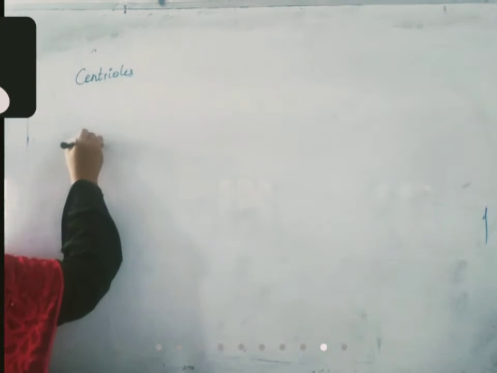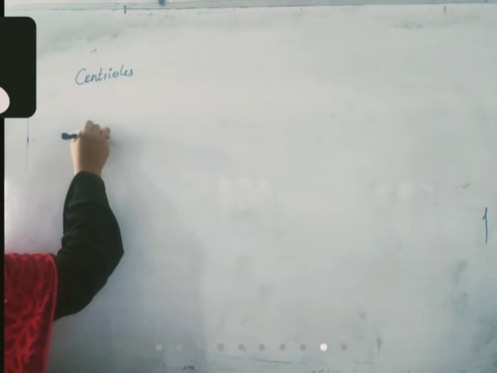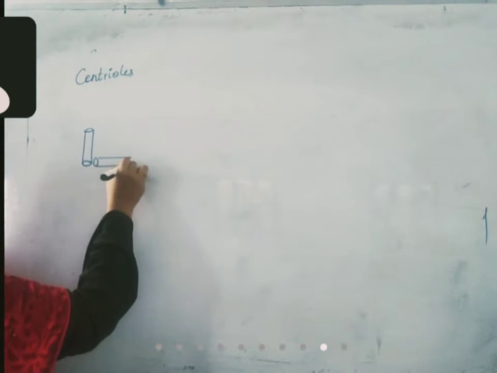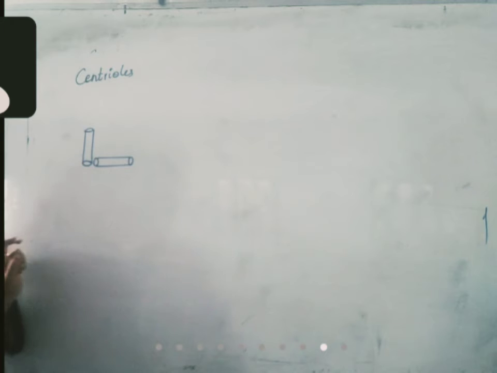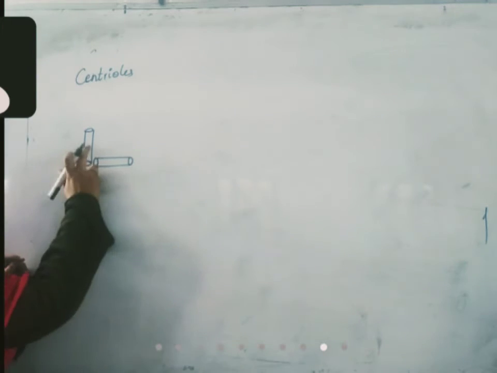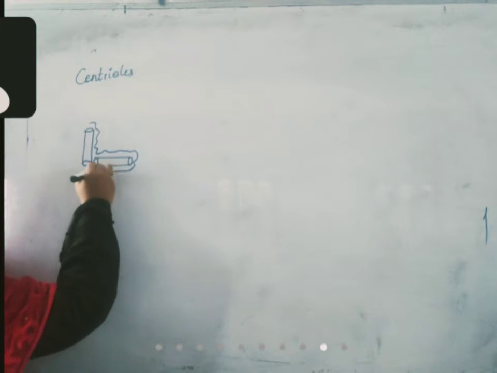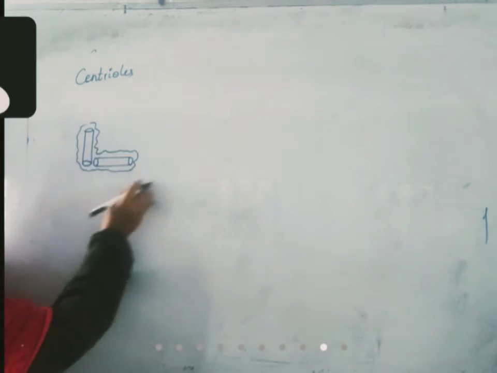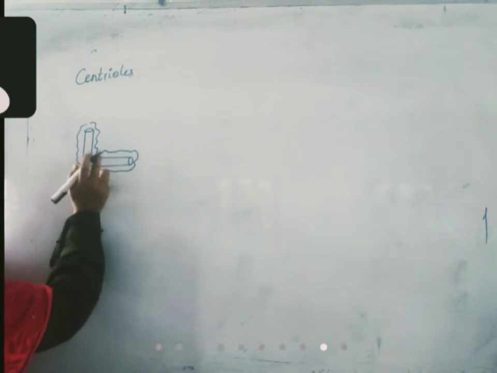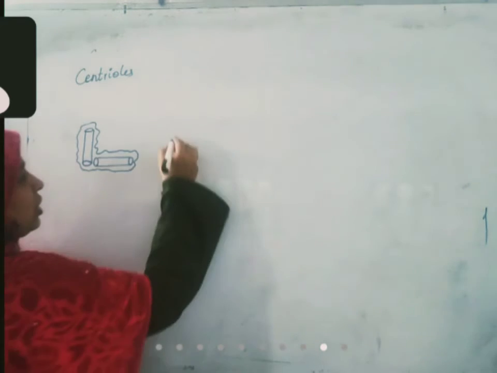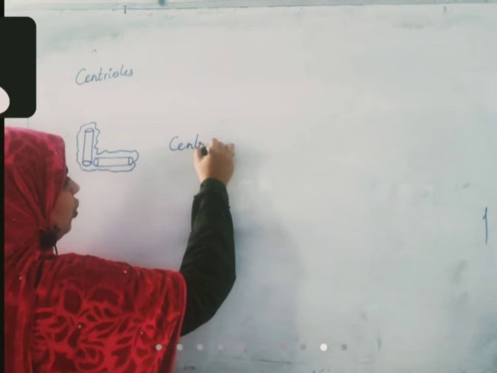Usually, they are barrel-shaped structures. Two are present and they are arranged at right angles to each other. This is one centriole, this is one centriole. Around them, a jelly-like matrix is there. Now this entire body, two centrioles held together by a jelly-like matrix, is called the centrosome.